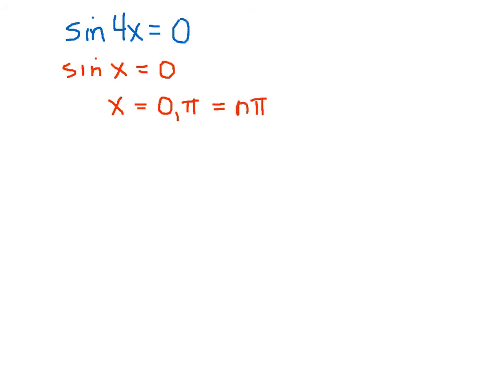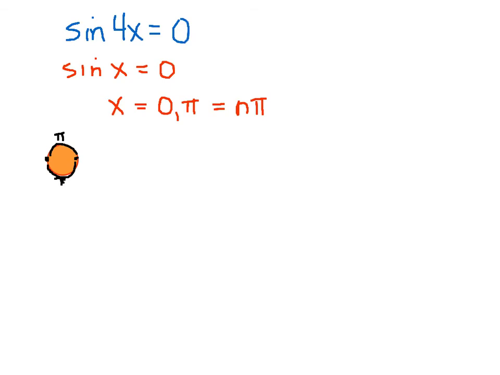Because if you draw a circle, every time you go around your circle you're going to have some points on it, here at 0, and then one at pi. Since your distance going around is pi, every time you go around your circle, from here to here, over to here, that's how you get the n pi.